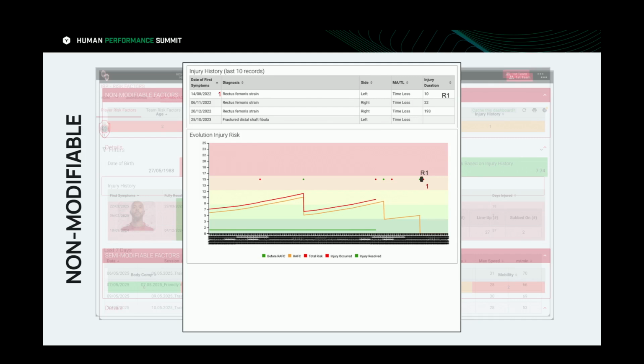And then from there on, it slowly goes down back to 0 over time if you don't have any more injuries. But in this case, there were a couple of injuries, and a couple of months later, a new strain. After the rehab, the score goes up again, and so on, because in this case he had 4 injuries.